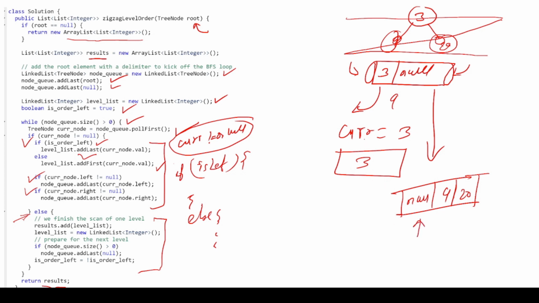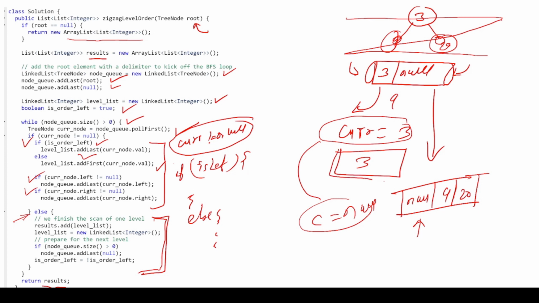Current will point to null. When current is null, we will come to this condition. It means we have completed one level. Then whatever we have on the list, here you can see this is our list, we will add onto the result.